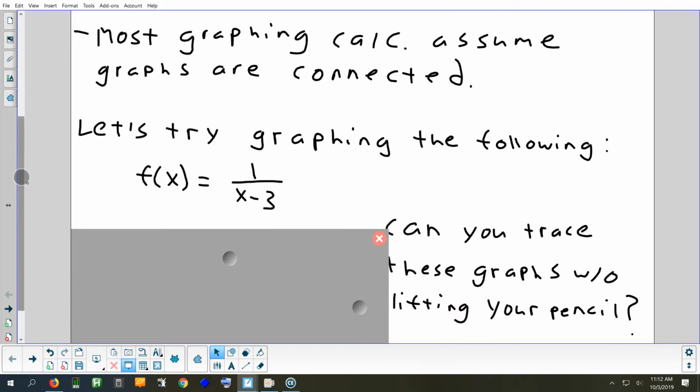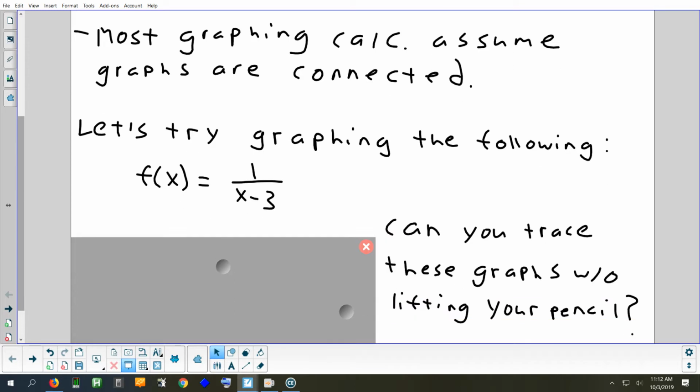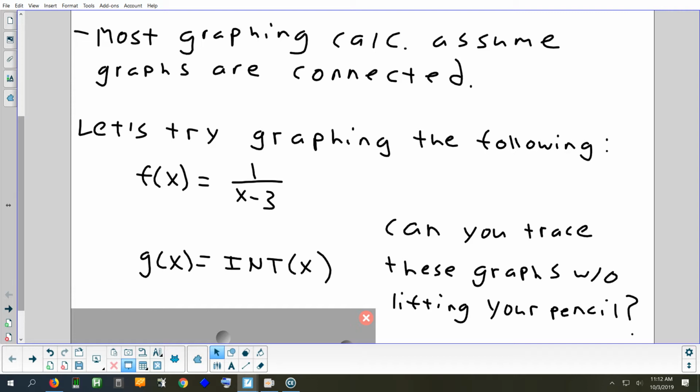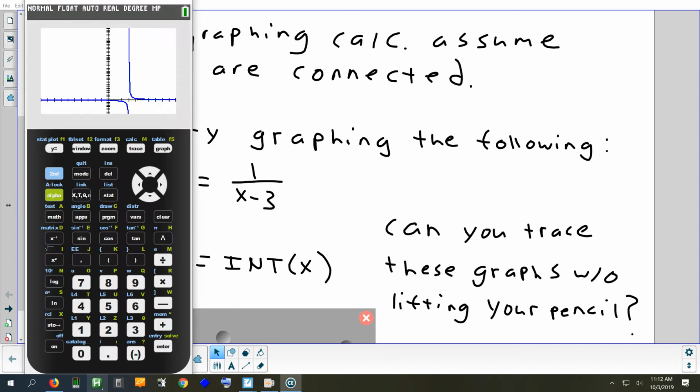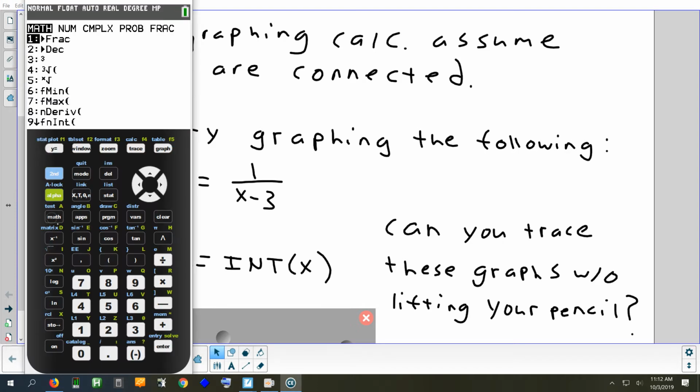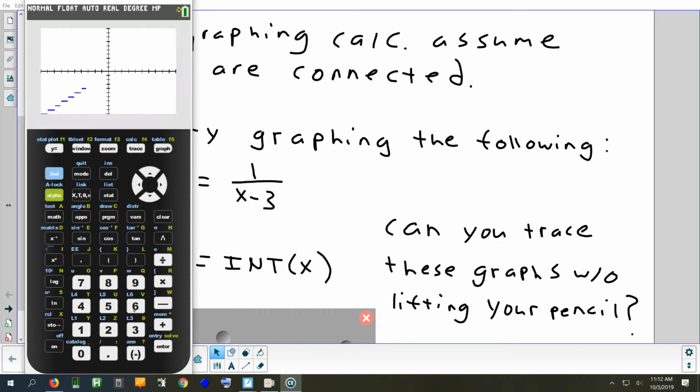Could you trace the graph that I just drew without lifting your pencil? No. Let's graph this one. I don't know if you've ever seen this one before. But could you trace this graph without lifting your pencil? No. That one you'd have to lift your pencil even more times. Right?